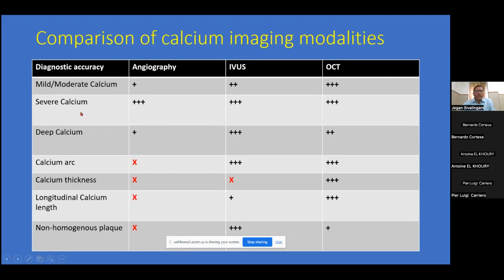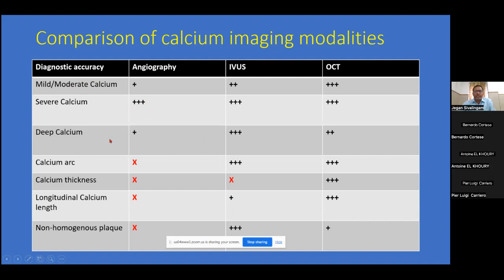Severe calcium is defined angiographically as calcium seen on both sides of the vessel wall with cardiac motion, and with plain fluoro itself we are able to see the calcium. That means it's severe. So then it will obviously be readily visible by IVUS as well as OCT.